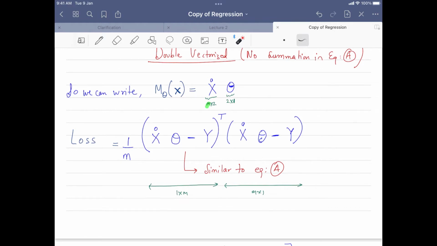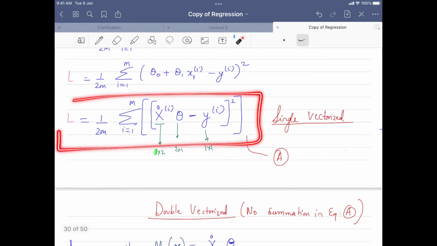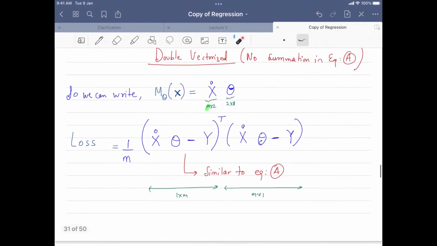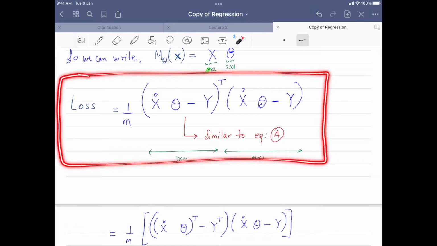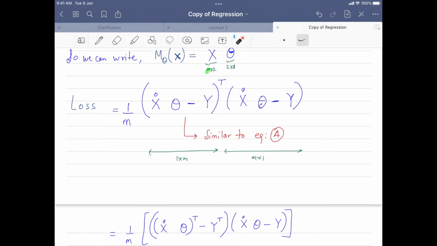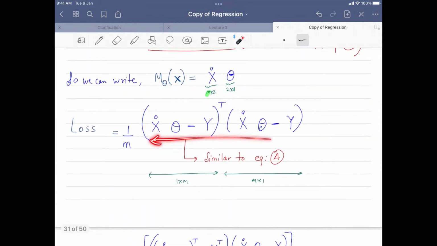Okay. So this is the loss function that we have over here. So what we did is we converted it into a matrix format given on this side. So now again what we will do is we will try to expand it further, and we will cross multiply all these terms and see what insight we can gain.